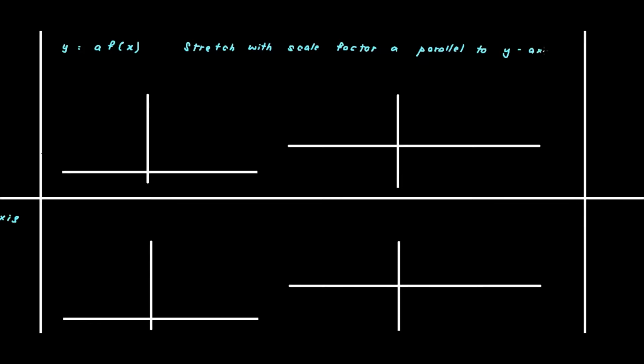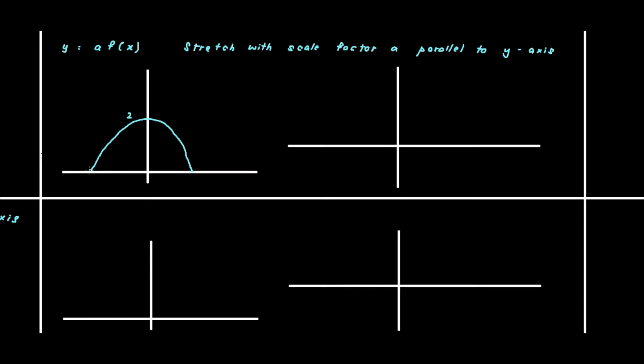Let me try to give you a simple example first. Let's say you have a graph that looks like this, and this graph was intersecting at the point of 2.